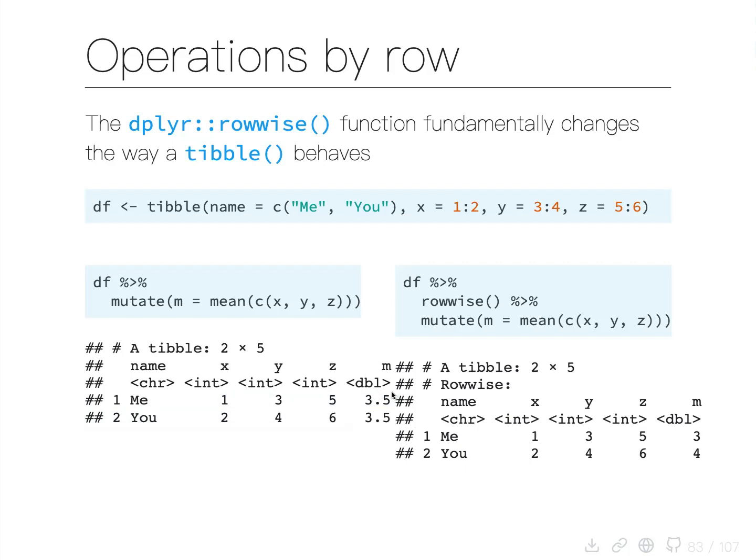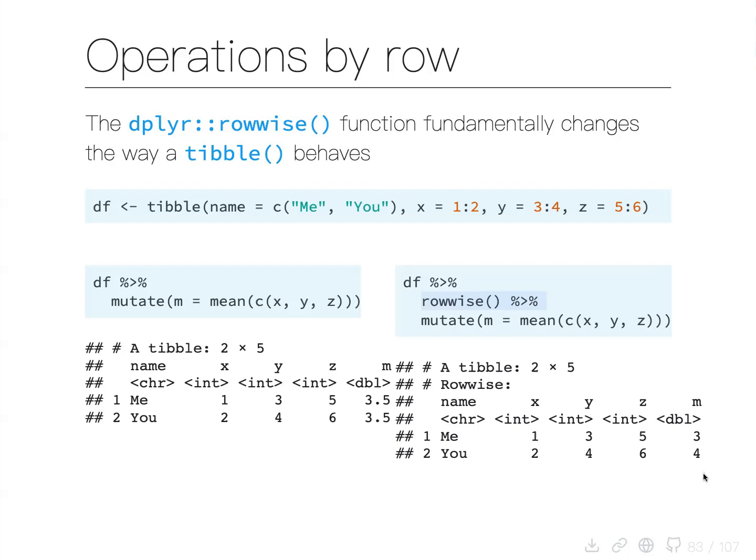So we get 3.5, which is neither the mean of this row nor this row. It's the mean of the entire rectangle there. Instead, we can use this row-wise function. And then when we do mutate, notice it's going to give us the correct means. So M in this case now represents the mean for each row.